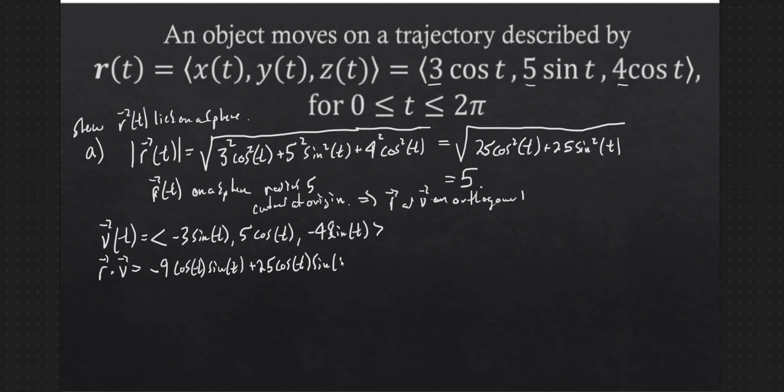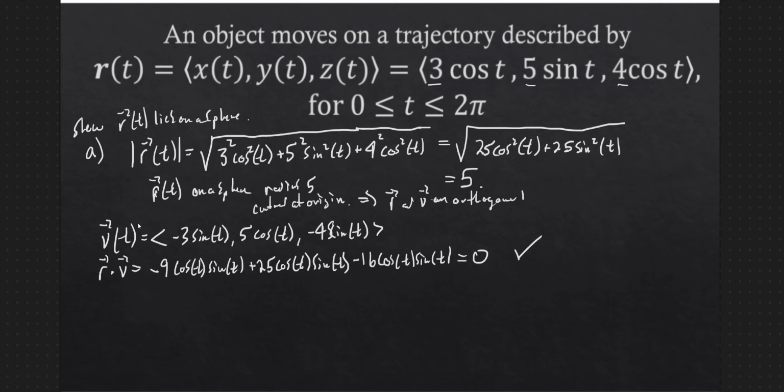And maybe if you're a step ahead of me, you can already see what's going to happen. Multiply these together, I'm going to get minus 16 cosine t sine t. So minus 16 cosine t sine t minus 9, and then plus 25. Those perfectly balance out, and I get the 0 scalar for r dot v. So yes, check, r and v are actually orthogonal.